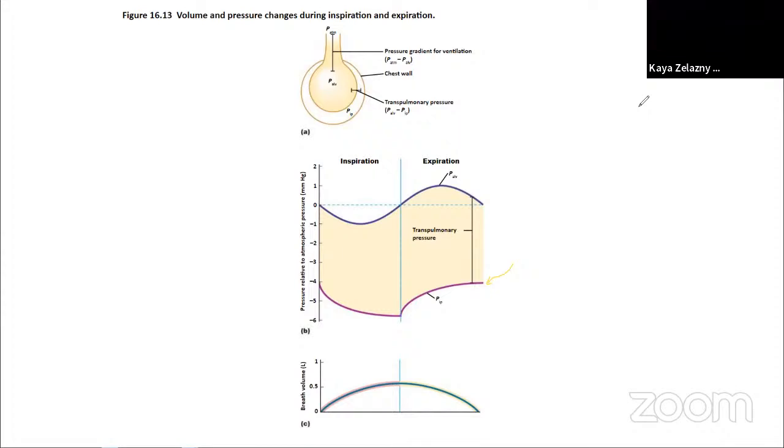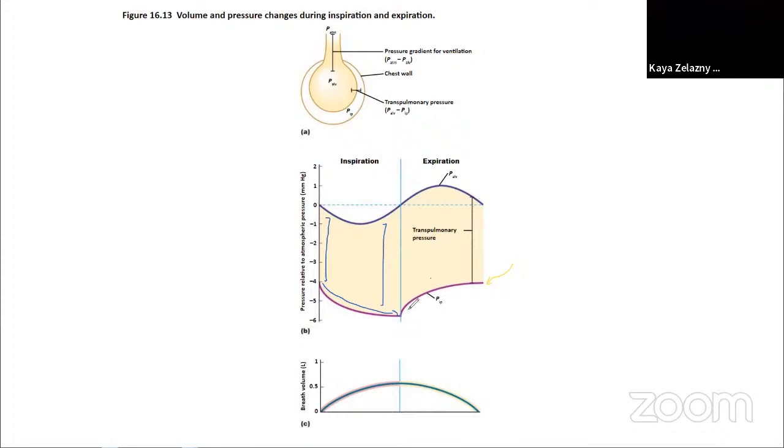We can see that during inspiration, the whole time, our intrapleural pressure is dropping, and our transpulmonary pressure, the difference between the alveoli and that pressure in the pleural sac, is increasing. If we compare this to this, it got bigger. We think of this pressure as the pull on the lungs, essentially.